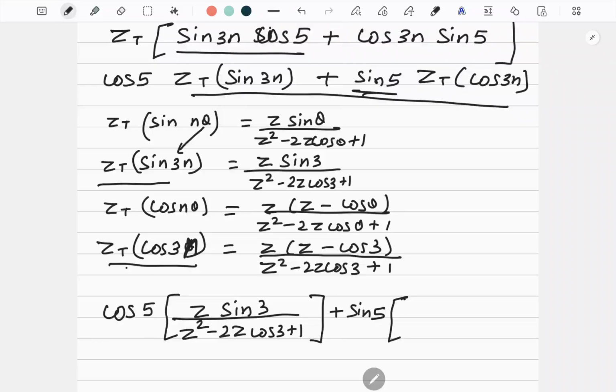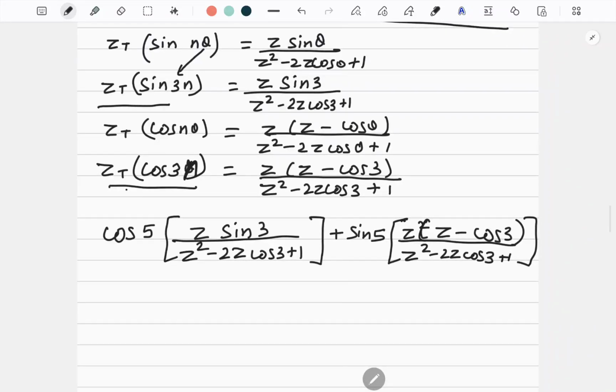So another bracket z minus cos 3 upon z square minus 2z cos 3 plus 1. Now denominator is same, so let us take it out. In numerator I can take z common. So z upon z square minus 2z cos 3 plus 1.